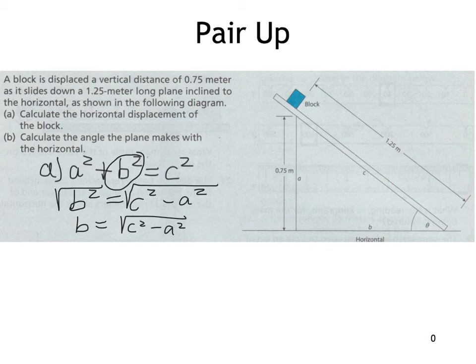So now I'm going to plug in values. B, I don't know, but I'm looking for it. C squared is 1.25 squared. I'm going to subtract from that a squared, which is 0.75 squared.